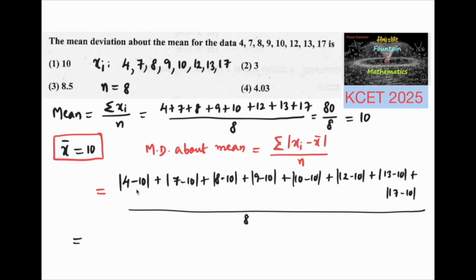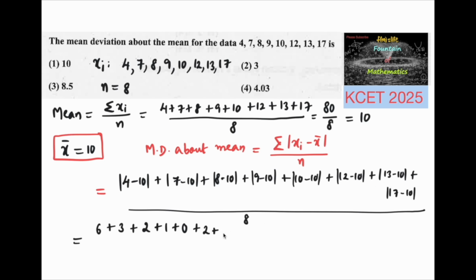So which is equal to 4 minus 10 is negative 6. So mod is there, so we can write 6. And 7 minus 10 is negative 3. We can take the mod, so plus 3. So all the differences will be positive only. So 8 minus 10, we can say 2. And 9 minus 10 which is 1. 10 minus 10 is 0. And 12 minus 10 is 2.